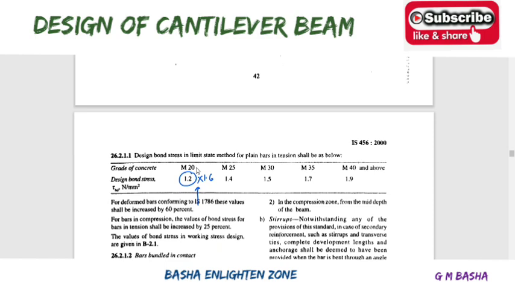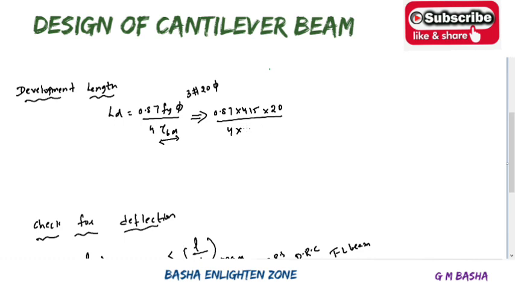For bars in compression, it will be increased by 25%, that is 1.25 times. But here we are talking only about tension reinforcement. So for M20 grade concrete, your tau_bd will be equal to 1.2, increased by 60%, means 1.2 into 1.6. If you simplify this, you will get 940 mm.